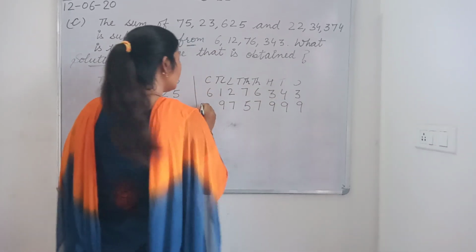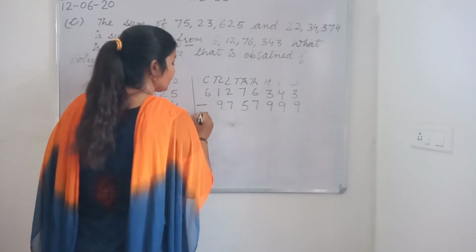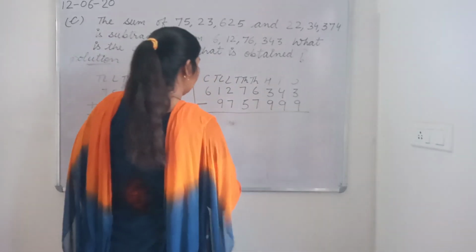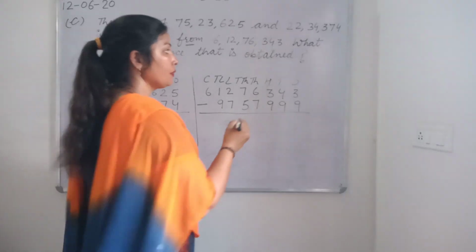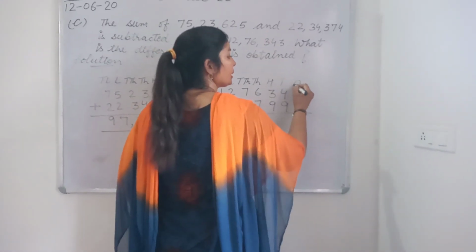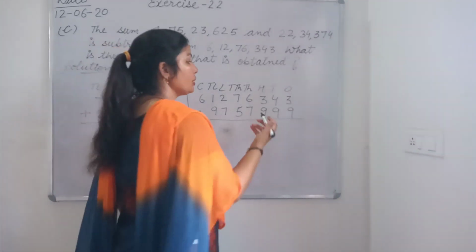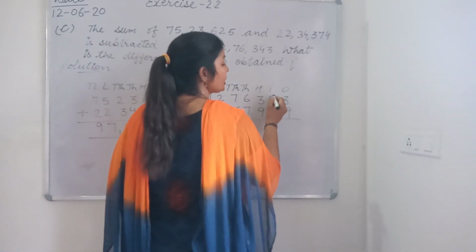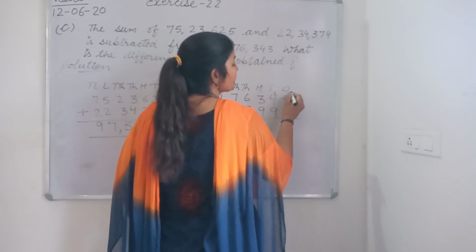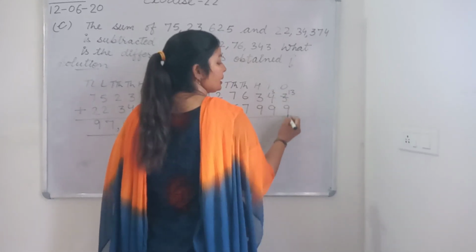That we have to do subtract. So we put here minus symbol. Okay. Now we start from one side. So we can subtract 9 from 3? No. So for that we will take borrowing. So next is 4. We take from 10. So there will be 3. And now there is 13. 13 minus 9 is 4.